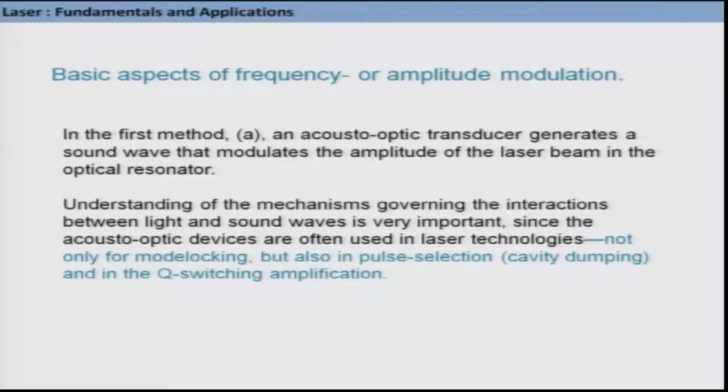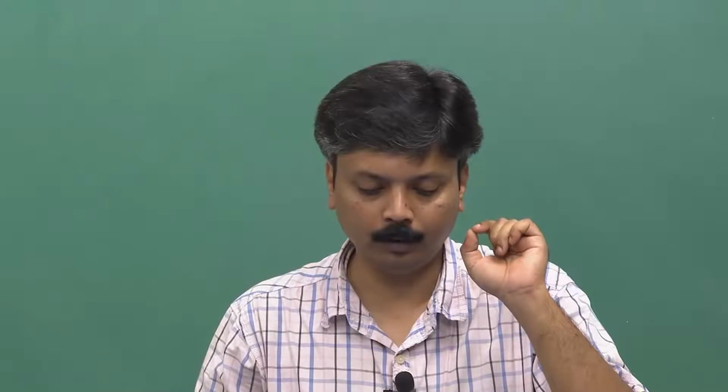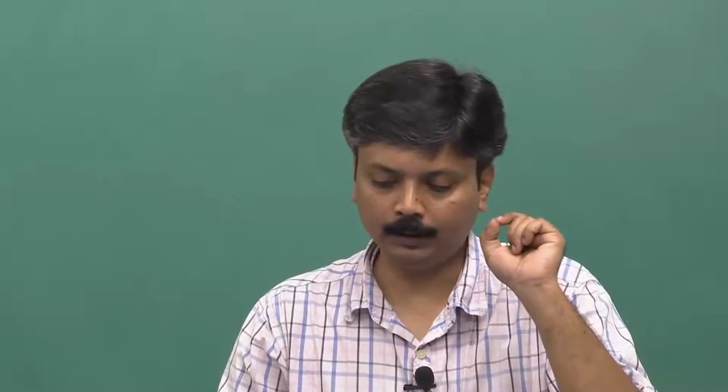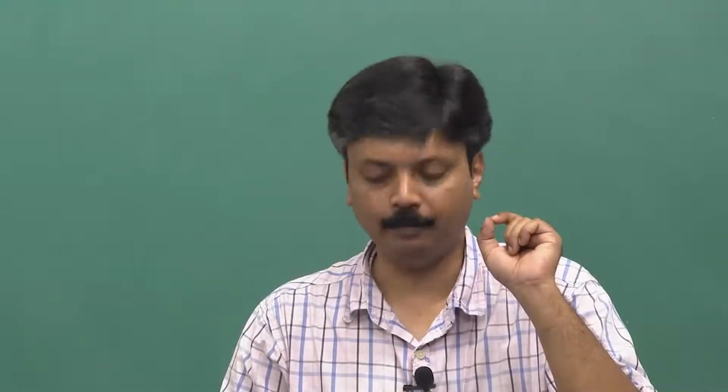And since this acoustic device uses sound waves, and that plays a major role in modulating the amplitudes of the light wave, we need to understand the interaction between sound and light waves.